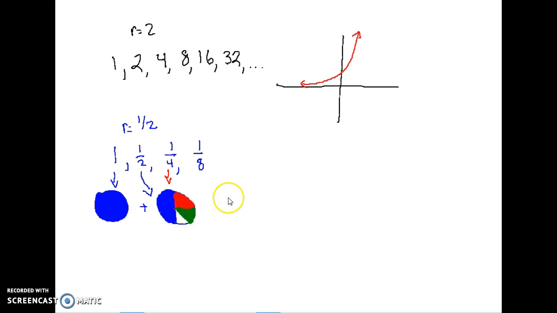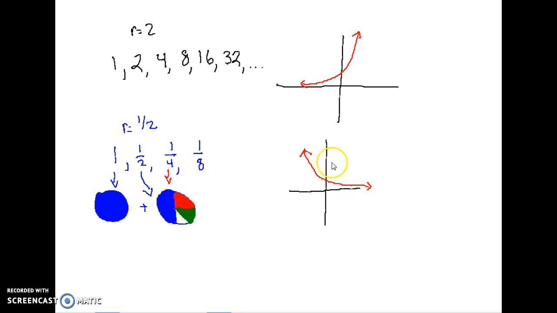Now, if I keep just filling in half of half of half, I'm never actually going to fill the circle, but it's going to get closer and closer and closer to a number, right? Just like if we were to graph a geometric sequence with a multiplier of a half, I would notice that my graph would get closer and closer to my asymptote, but would never really get it.